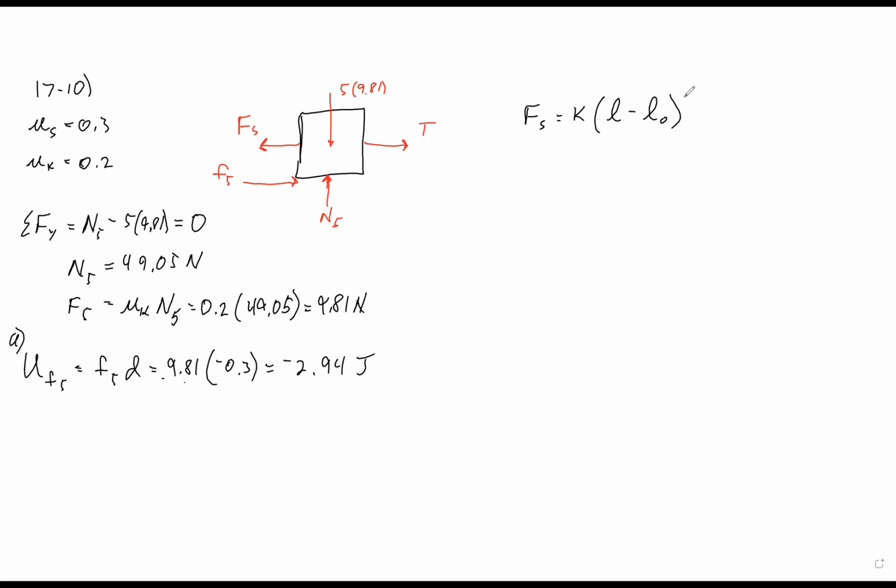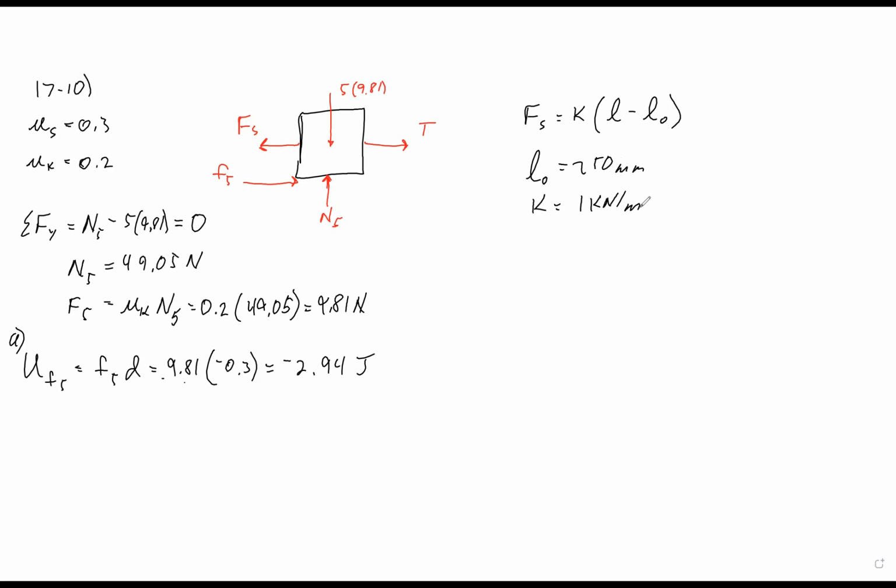The spring constant is given to us as being 1 kilonewton per meter, and the length of the spring unstretched is 250 millimeters. So basically the L naught is 250 millimeters, and the K constant is equal to 1 kilonewton per meter.